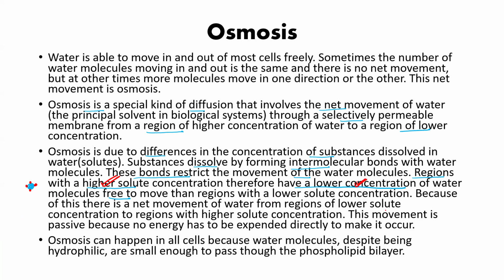As a result, what will happen? The region where the solute concentration is low, their water will be more free. So movement of water will occur from the region of low solute concentration to the region with high solute concentration. Is it clear? Let us understand more in detail.